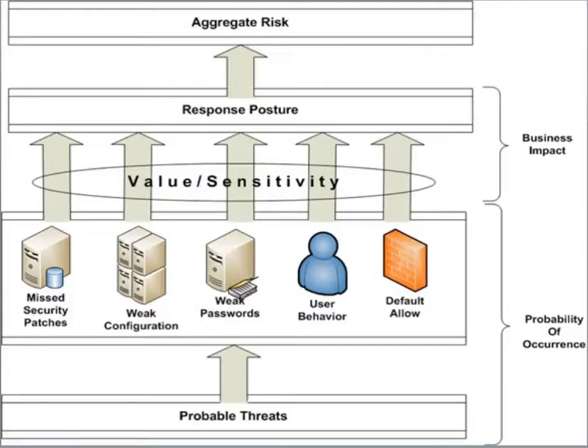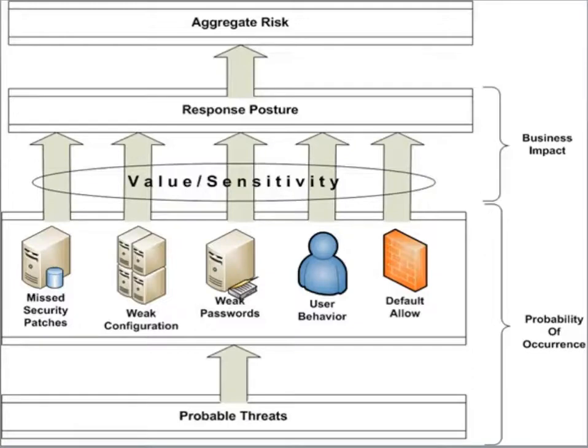However, notice that above value and sensitivity we have response posture. How well we are able to respond to an event. And that also includes how well we're able to detect an event as close to its initiation as possible and to contain and eradicate it will impact how much damage is done to the business.